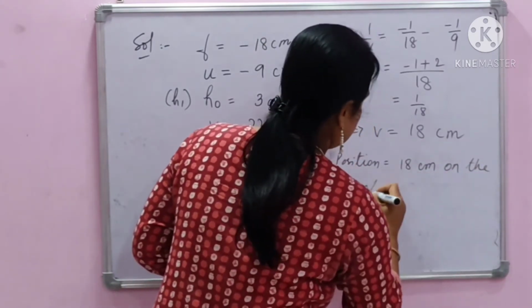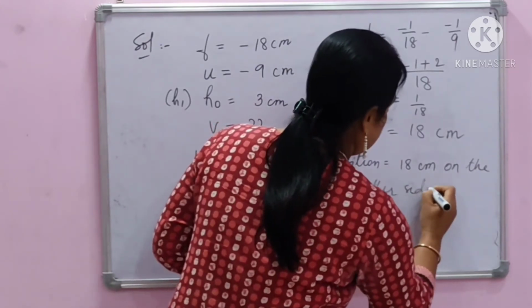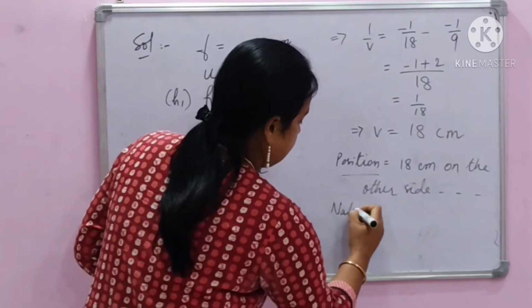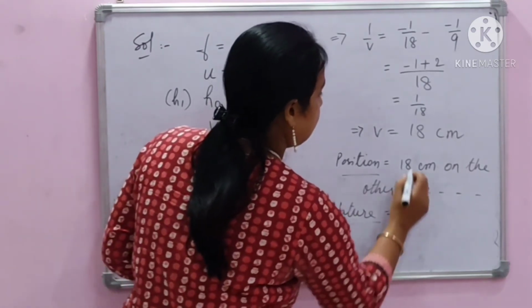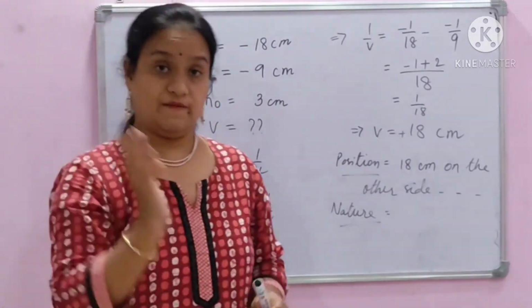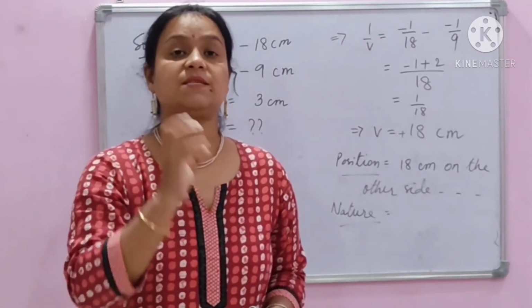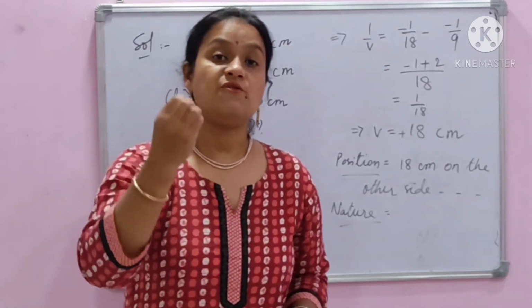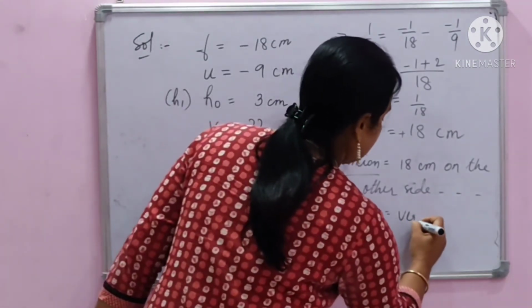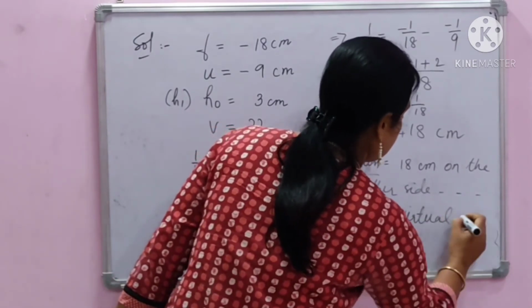On the other side of the mirror that you can write. Okay. And what about the nature? See, since you see a positive sign here, nothing means positive. So positive sign always indicates that this image is a virtual image. Okay. So it is a virtual image. So we can say the image formed is virtual.